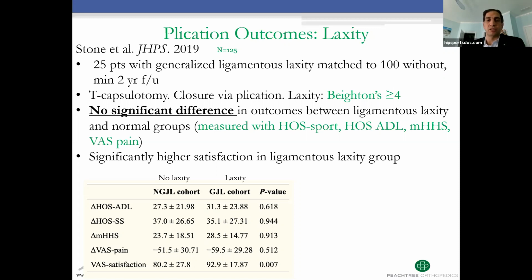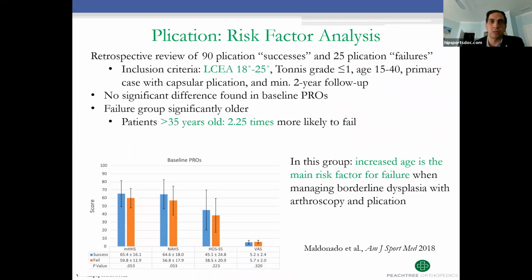So interestingly, in this group, there was a higher satisfaction in the lax group. I would say that hasn't been my experience or our study group's experience. We think they're equivalent, maybe a little lower in patients who have laxity in terms of outcomes.